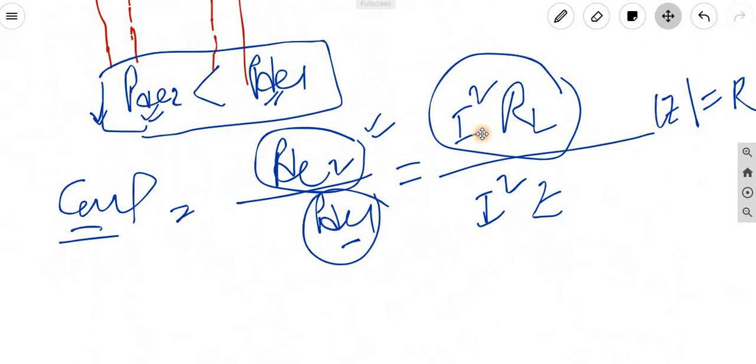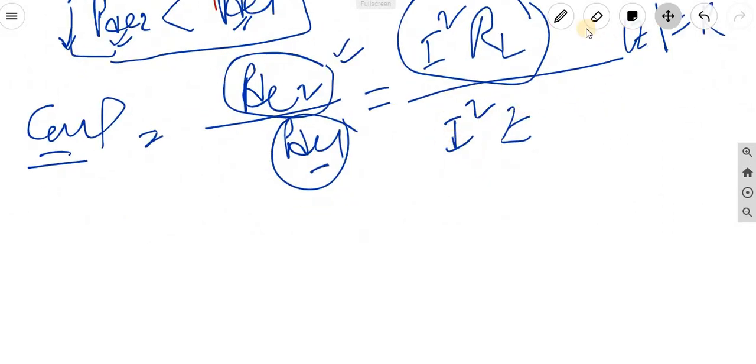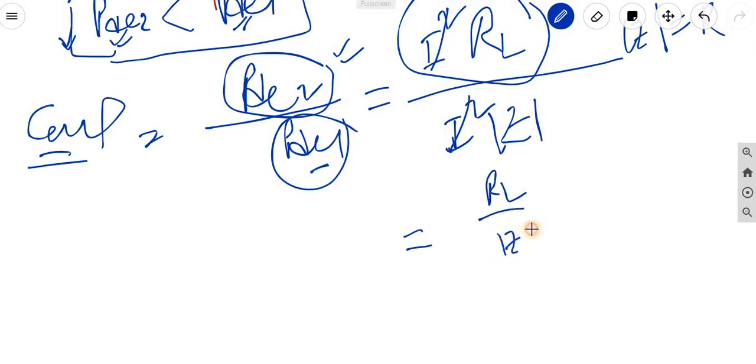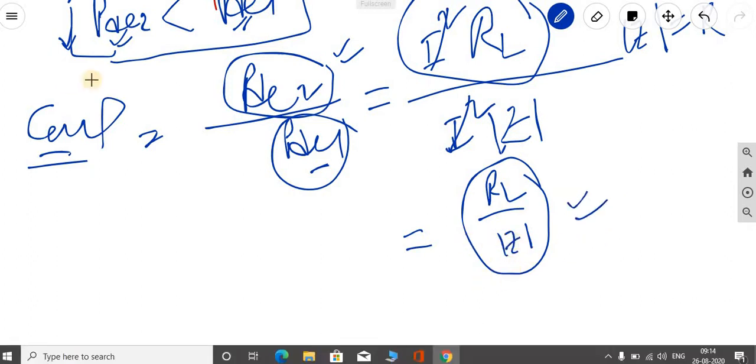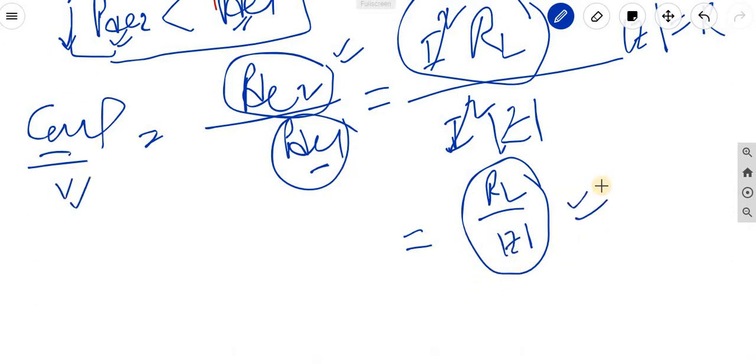So it would be I square Z. If I square cancels out, then cos phi would be RL by Z. So this is the power factor presentation.